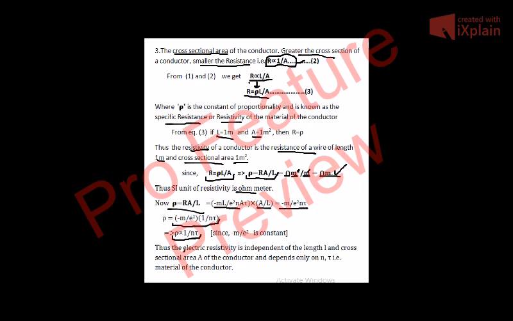So relaxation time will be greater in aluminum compared to copper. Thus, the electric resistivity is independent of the length L and cross-sectional area A of the conductor. From this equation, rho is proportional to 1 upon n tau. It only depends upon two factors, that is n, the number density, and tau, the relaxation time of the conductor.